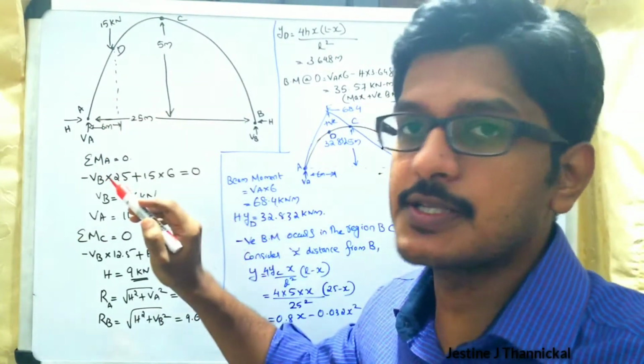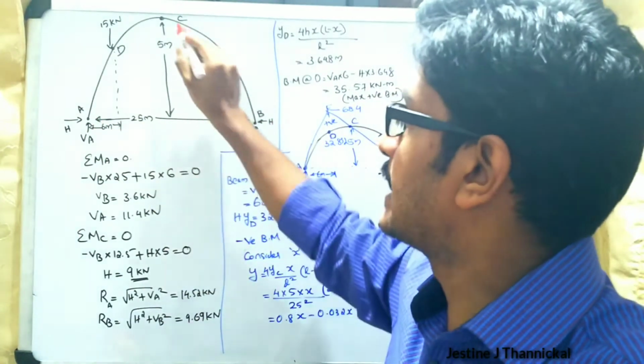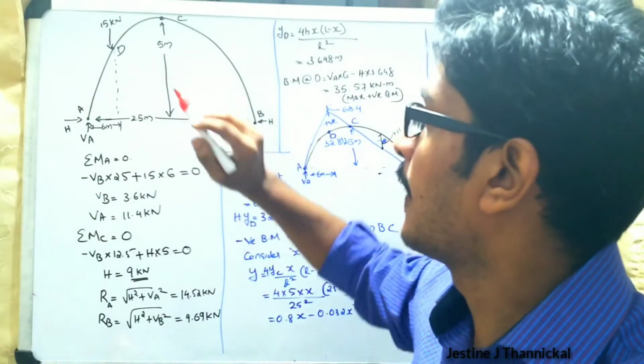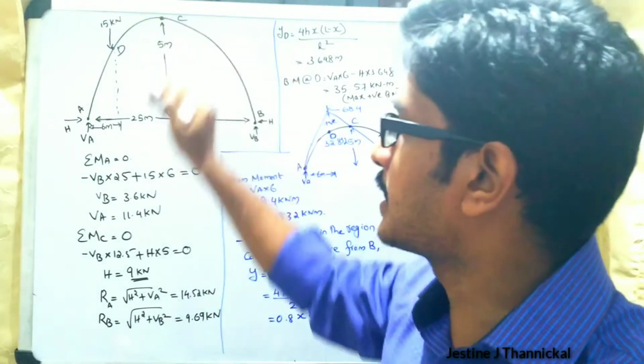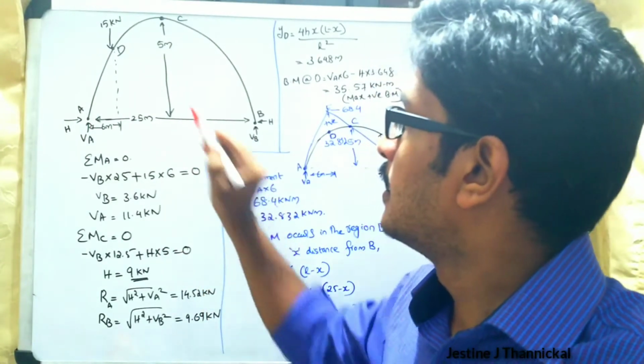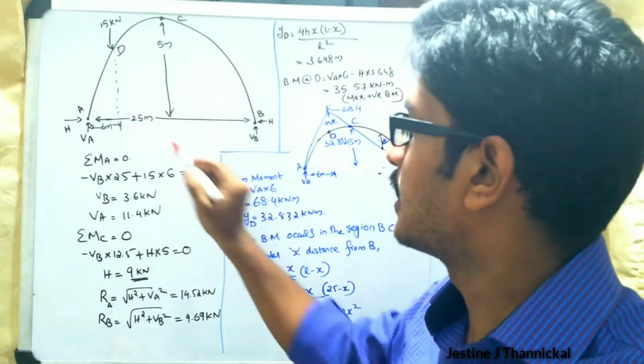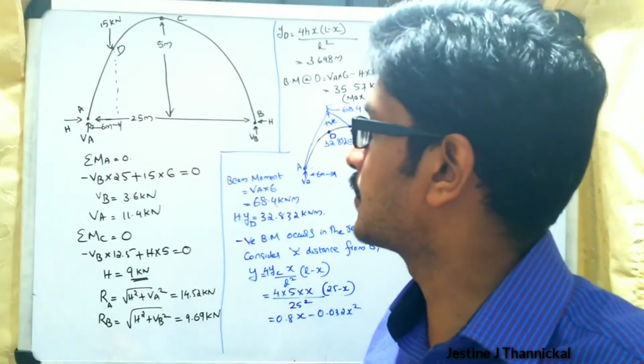A 3-hinged arch is given here with A and B as the supports and C as our crown point. And 15 kilonewton is acting at a distance 6 meter from the support A. We can choose this point as D, and the total length of the span is 25 meter.